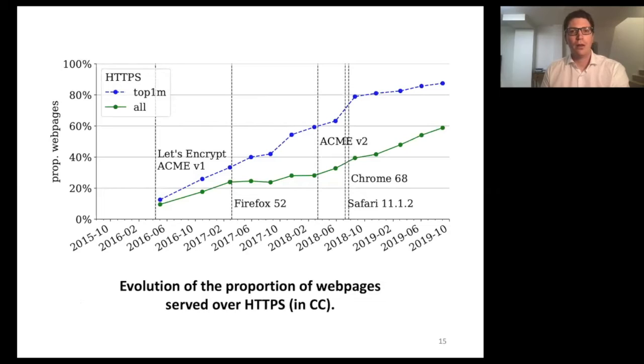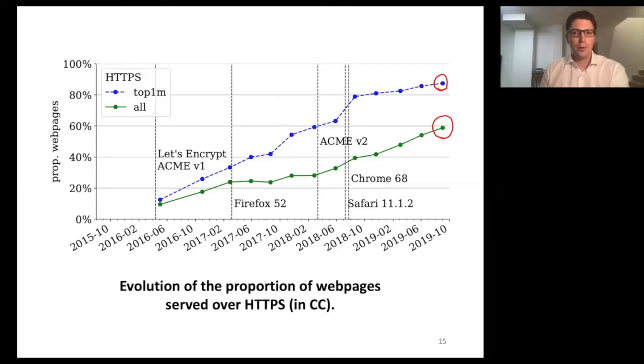So regarding the results, first we collected statistics about the use of HTTP and HTTPS. And today, almost 60% of the web pages in Common Crawl and about 90% of the top 1 million web pages are served over HTTPS. This is really impressive.